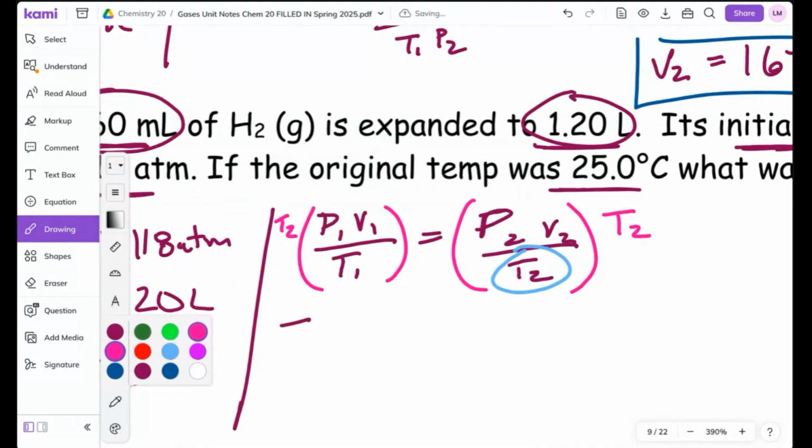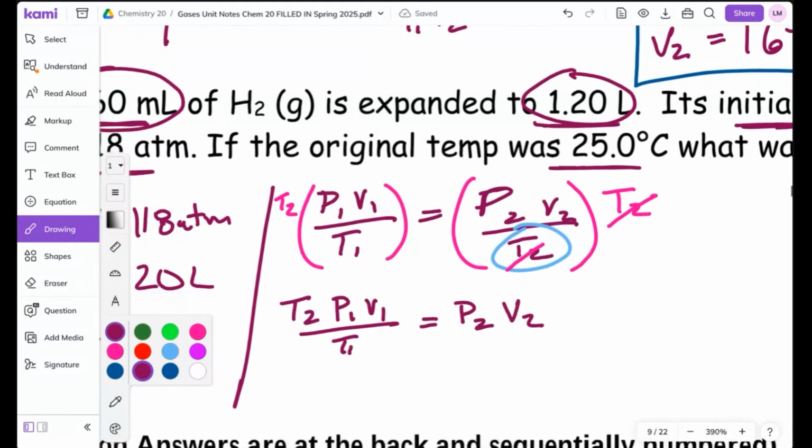So T2 times P1 V1 divided by T1 is equal to P2 V2. All right, so we're still working on isolating T2. Okay, but what I'm noticing here is T1 is dividing into T2, P1, and V1. So I'm just going to multiply both sides by T1.